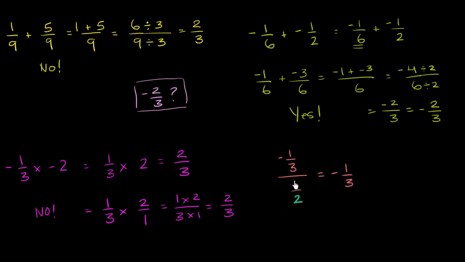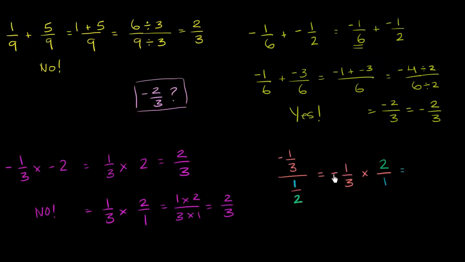Let me make this a blue color. So negative 1/3 divided by 1/2 is the same thing as negative 1/3 times the reciprocal of 1/2. So times 2 over 1. And what is this going to be equal to?